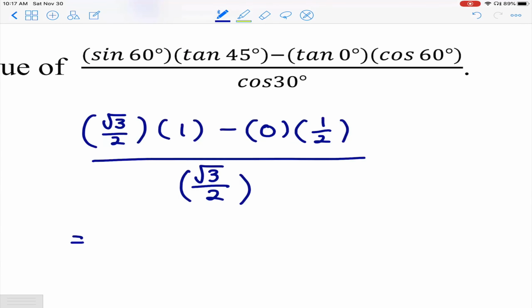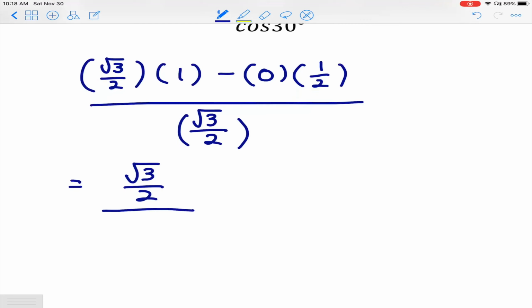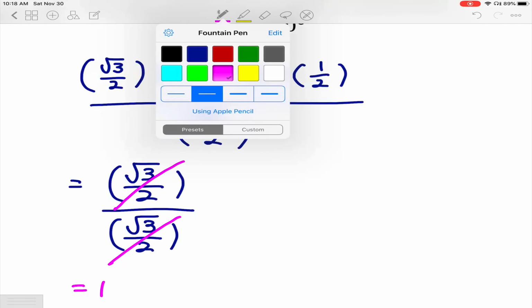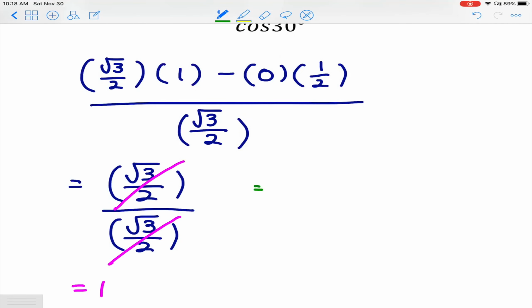Then we get square root of 3 over 2 times 1. That's square root of 3 over 2. Minus 0 times 1 over 2, but that's simply 0, so I'm not even going to bother writing it. Then the next one is square root of 3 over 2 in the denominator. If you can actually see it, these two are basically the same thing in the top and the bottom, so you can actually say this is 1. But in case you can't see, or sometimes the numbers are not the same, then this is how you can deal with it.